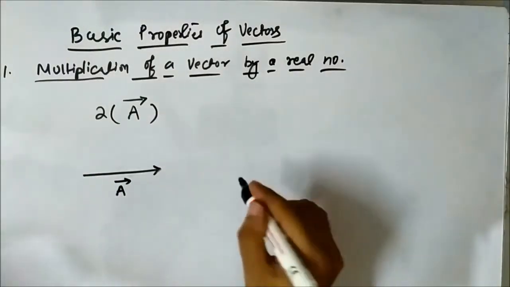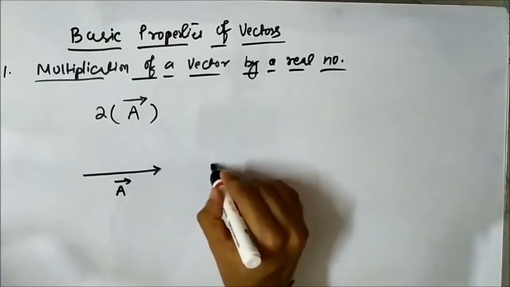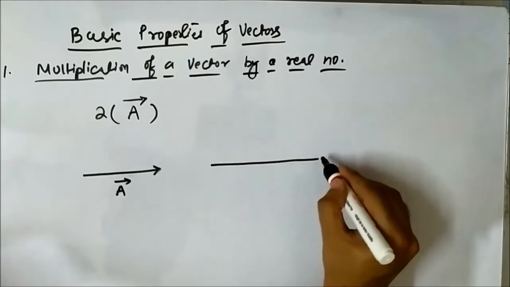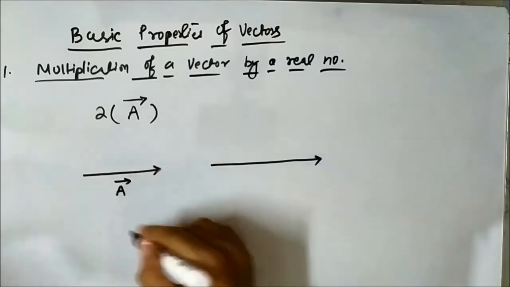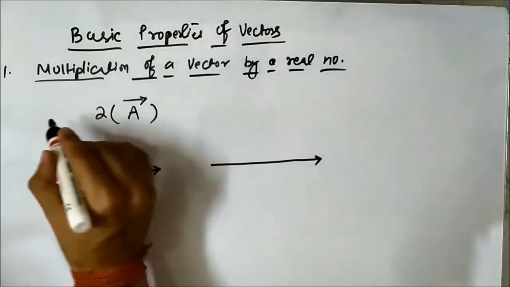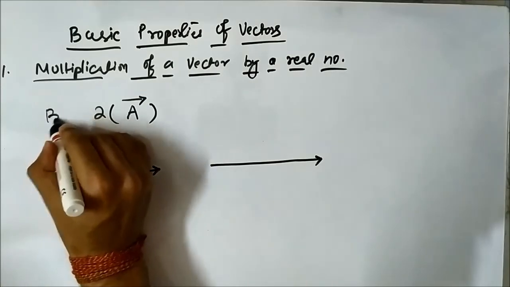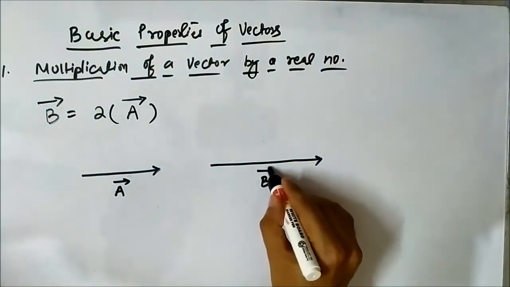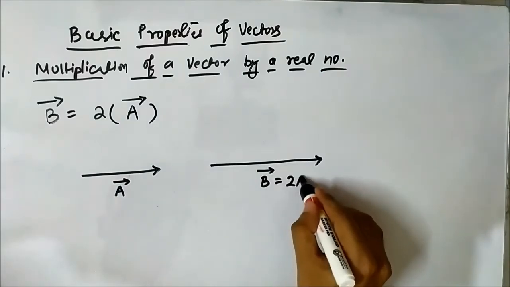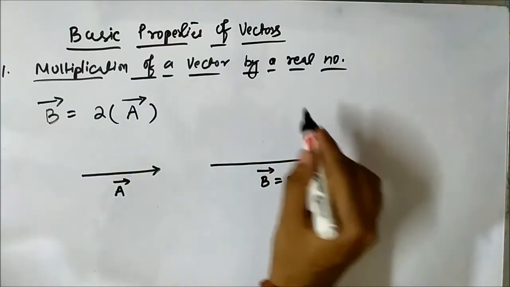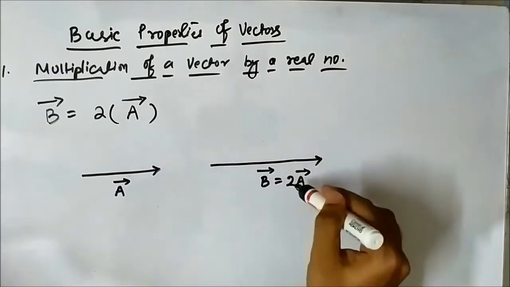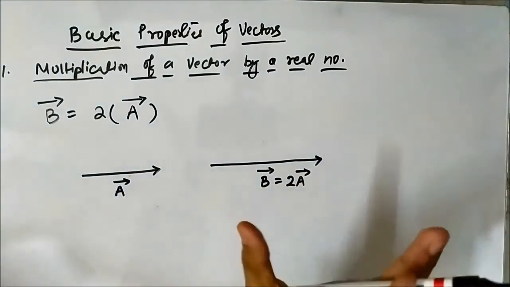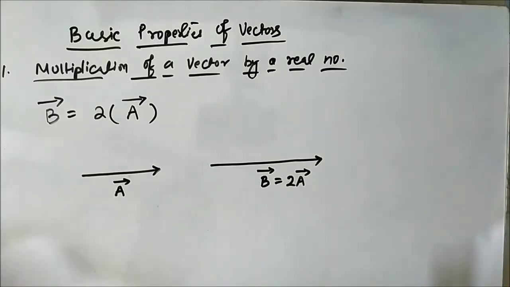This 2A vector will simply be a vector with magnitude twice that of the original vector. B vector equals 2 times A vector, but in the same direction. The direction of B vector and A vector are the same, only the magnitude is doubled.